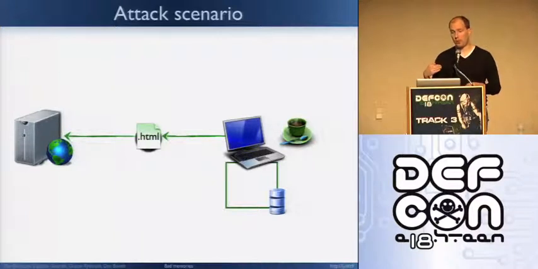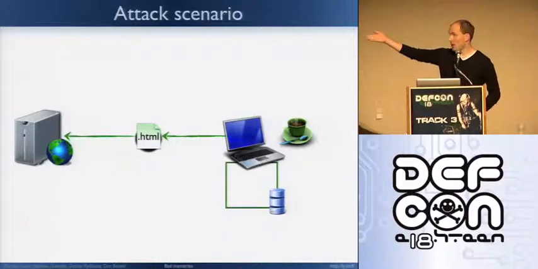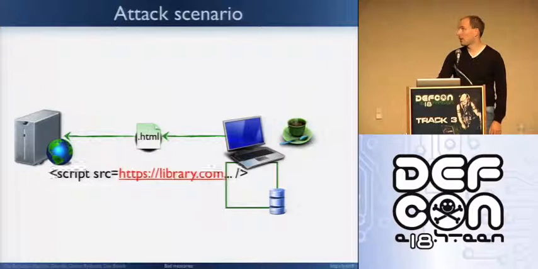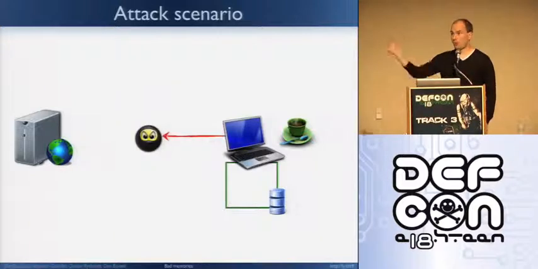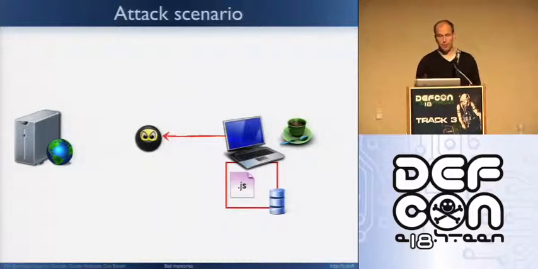And the attacker will intercept this page and will add a link to a JavaScript library which you didn't request. But it doesn't matter because you can modify any HTML page which is not over HTTPS. There is no integrity on that. And your browser will, after that, parse it and actually request it, because that's its job. And at that point, instead of requesting it from the real server, the attacker will supply you a malicious version of it, right?